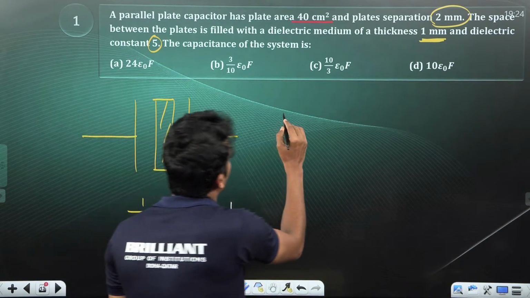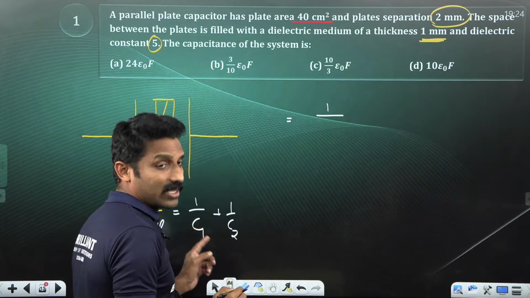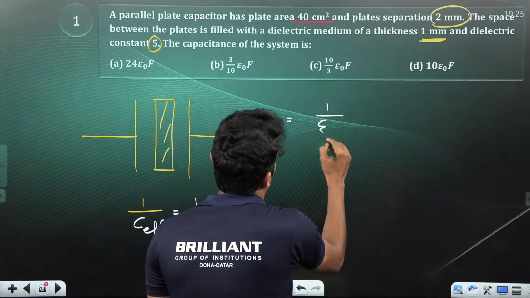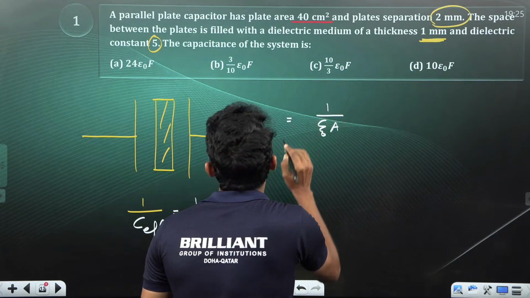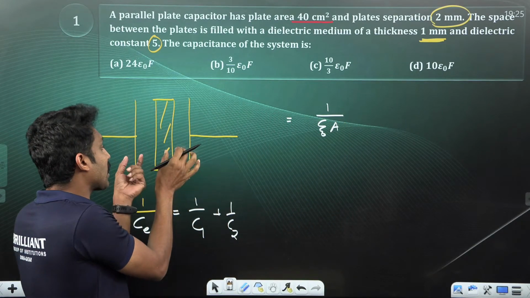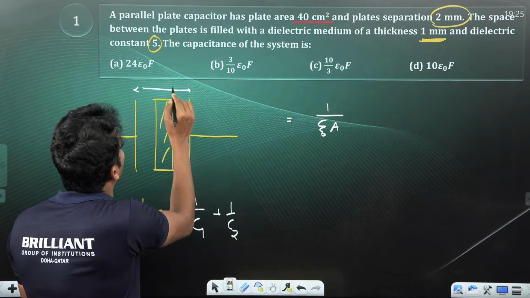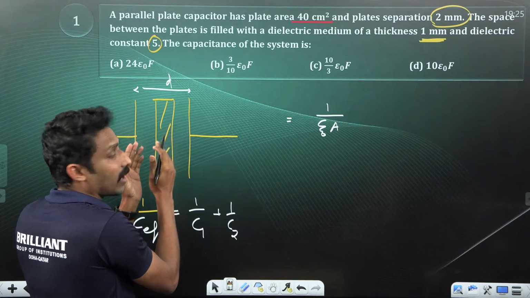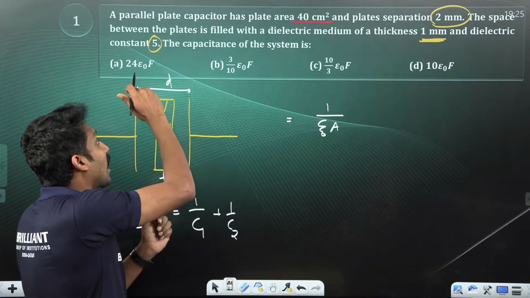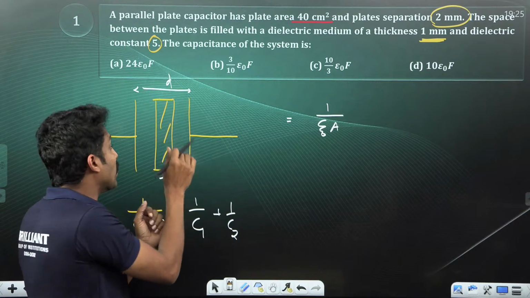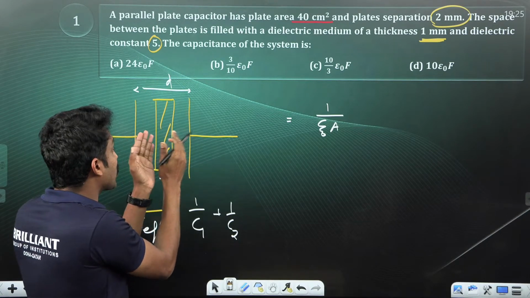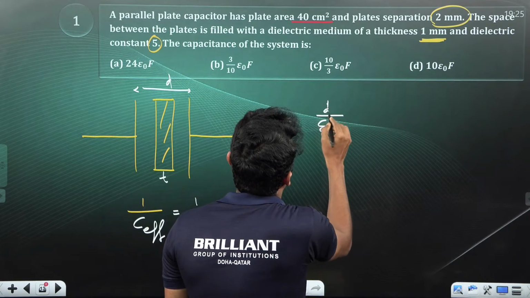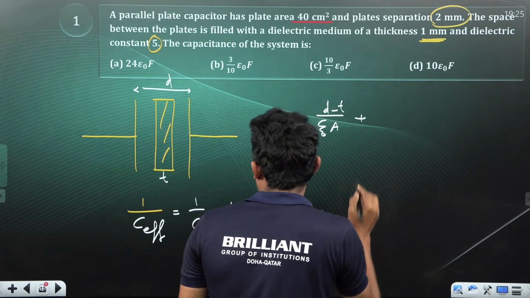C1 is the capacitance of the capacitor in which air is the medium, that is epsilon naught A divided by the separation. Consider the plate separation as D and the thickness of the dielectric slab as T. Then the thickness of air is D minus T, so this is D minus T, plus 1 by C2.